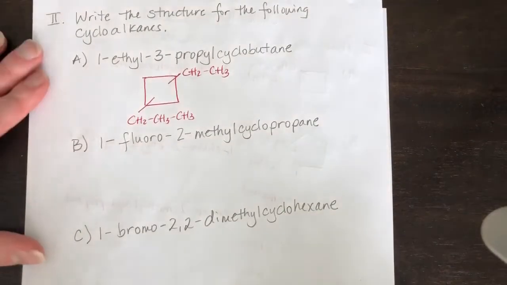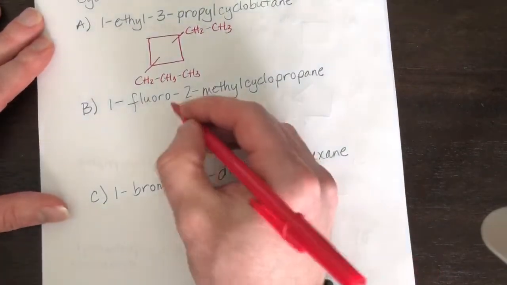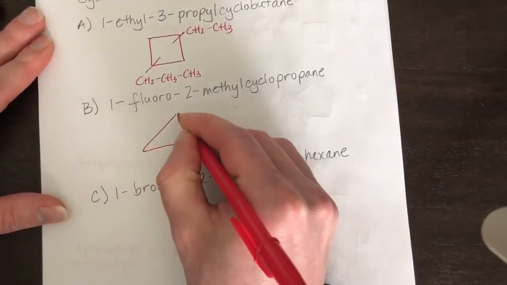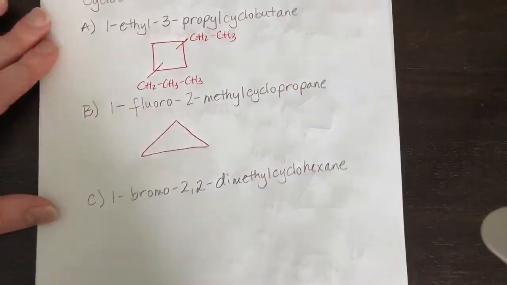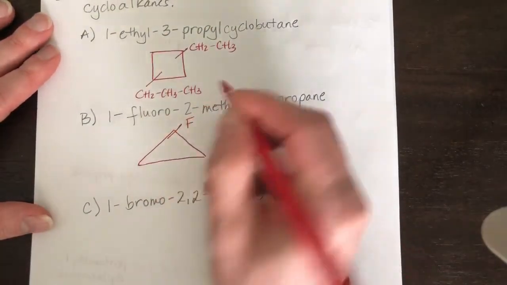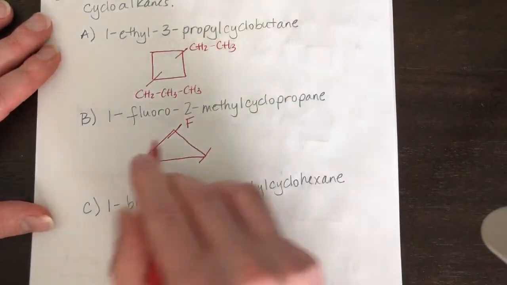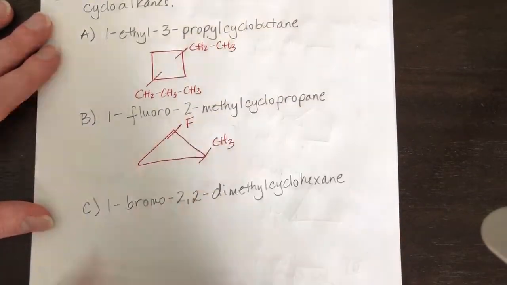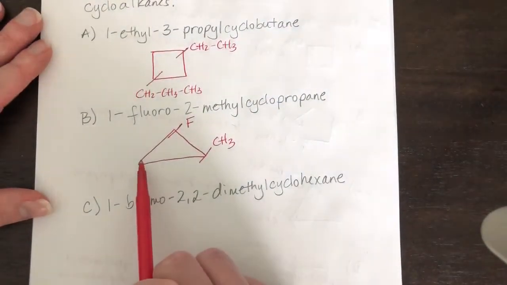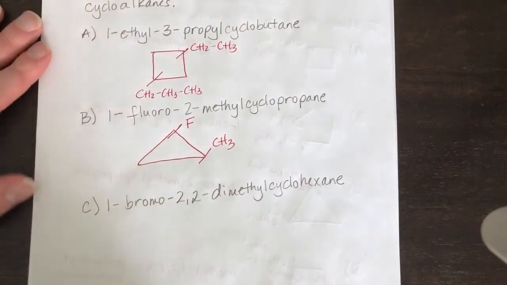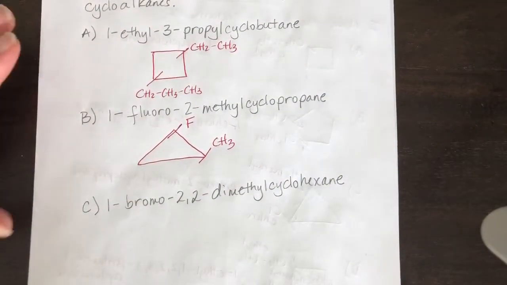Okay, 1 fluoro, 2 methyl cyclopropane. Cyclopropane is a triangle. You got an F coming off the 1 carbon, and you got a methyl group coming off the 2 carbon. If you want your 2 carbon to be here, put your 2 carbon right there. Doesn't matter which way you go.